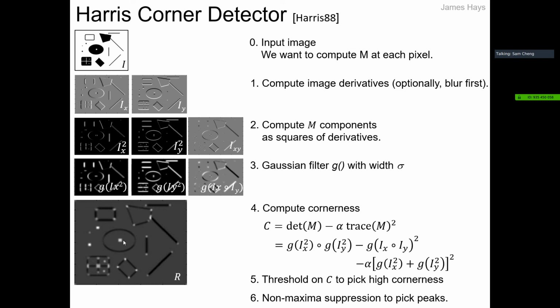Yeah, think of it like this: if you move the neighborhood patches and compare the current patch of the target pixel with the neighboring patches, if it doesn't look the same, then it will look like a corner.